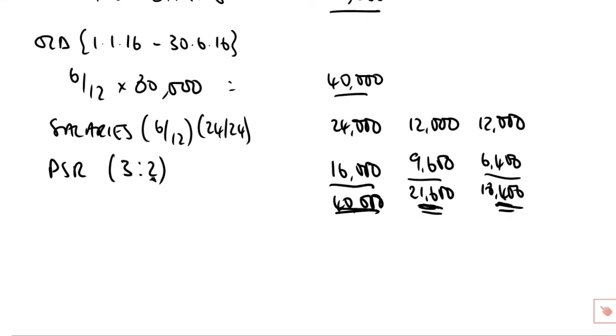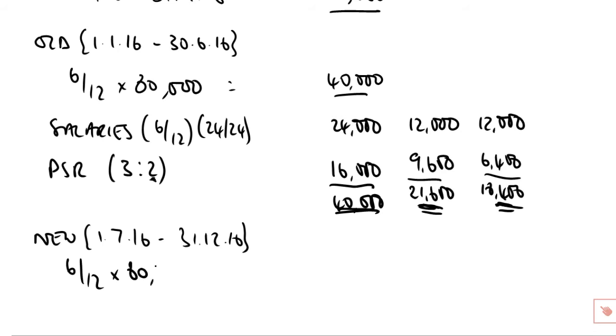Right, on therefore to the period from the 1st of July, our new agreement, in force from the 1st of July 16 to the end of the accounting period, the 31st of December 16. Now that, of course, is also 6/12 of 80,000, and that therefore will again give us £40,000 to be divided.